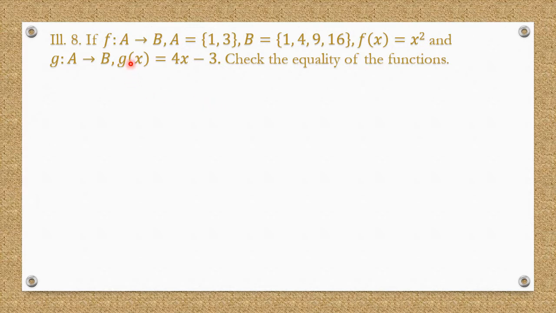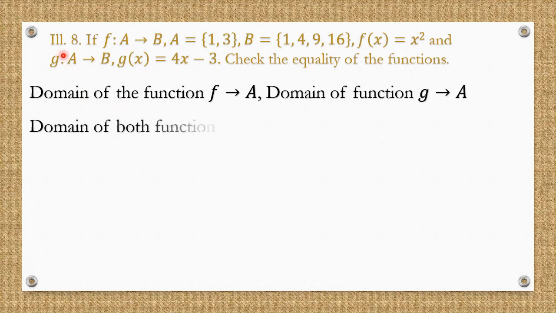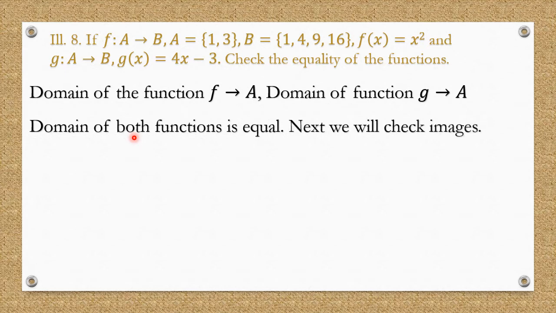As you can see, f is a function from A to B, g is also a function from A to B. We don't care about the codomains, but look at the domain here. The domain for f is A and the domain for g is also A. That means the domains of both the functions are equal. So that satisfies our first condition. The second condition, the range, the images, we will have to calculate manually.